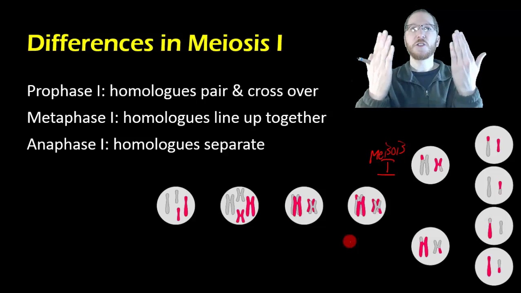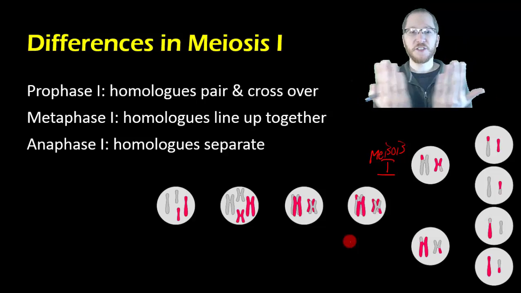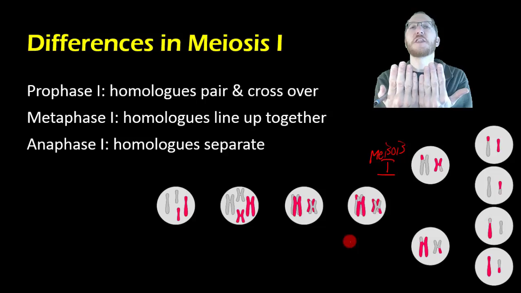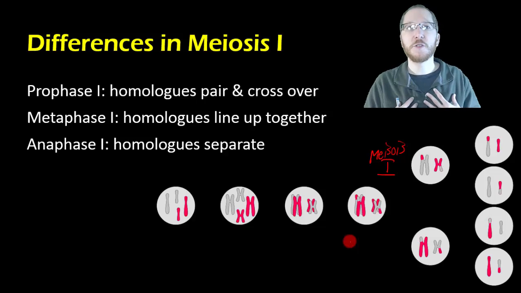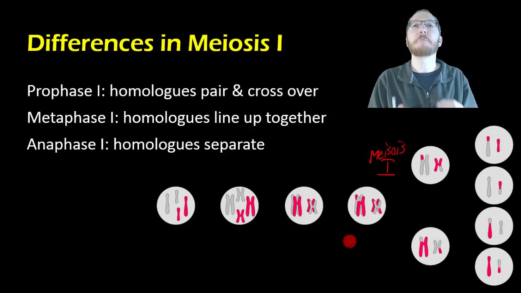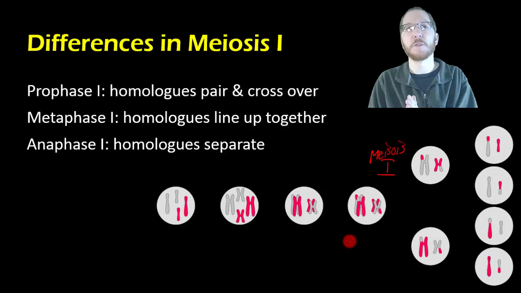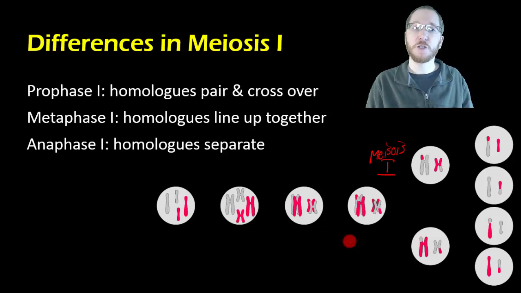Because these homologs are equivalent and have the same genes on them, they can actually swap pieces of themselves. That means a chromosome will no longer have to be just mom's chromosome or just dad's chromosome. It can be a mix of mom's and dad's chromosomes. This gives us more variation. So this will occur during prophase 1.